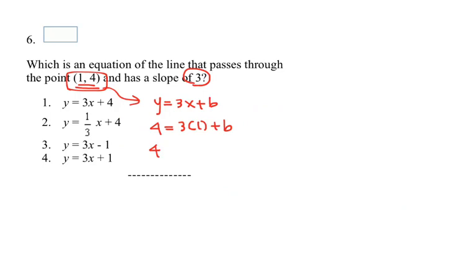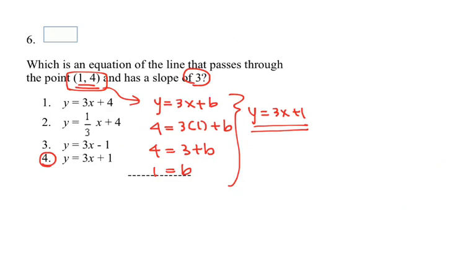Now that means 4 equals 3 plus b, because 3 times 1 is equal to 3. By subtracting 3 from both sides, we get 1 equals b. Then this tells us that y equals 3x plus 1 becomes our answer, which is choice 4.